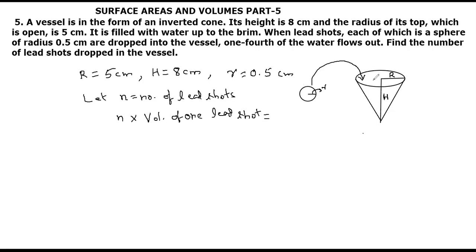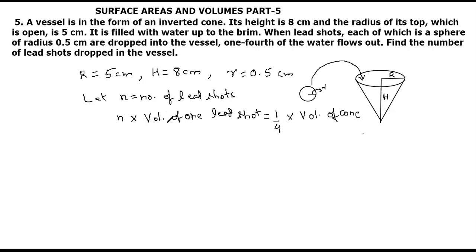When we are putting lead shots, whatever the volume of the lead shots is, that volume of water comes out. So n into the volume of one lead shot will be equal to 1/4 of the volume, because 1/4 of the volume comes out, it is given. It is equal to 1/4 into the volume of the cone.